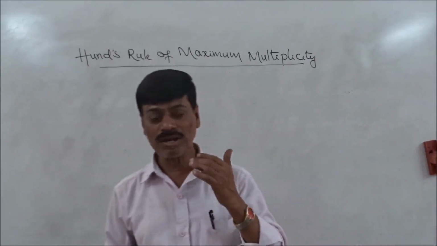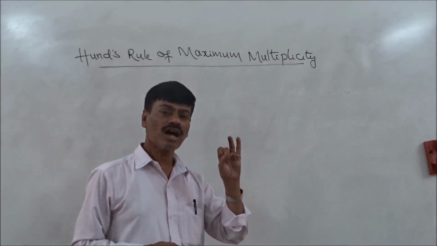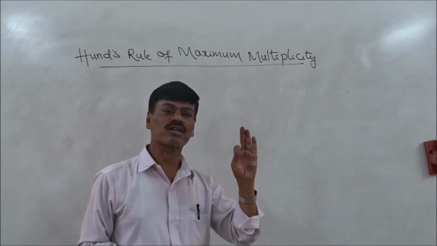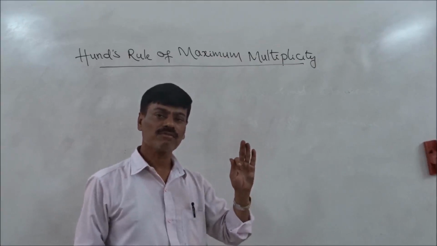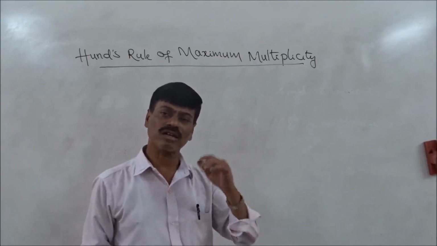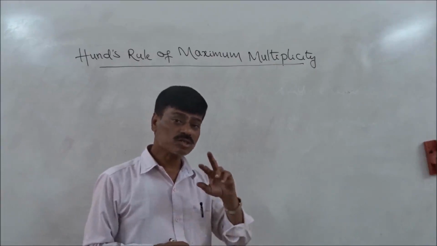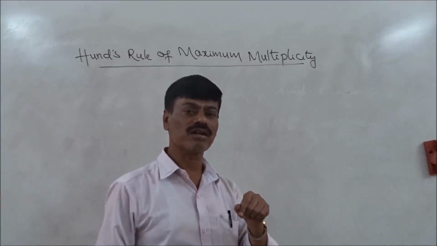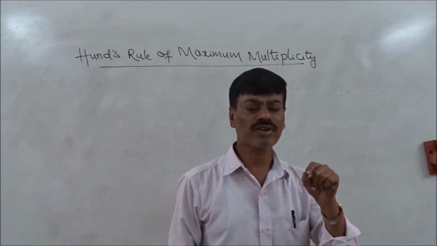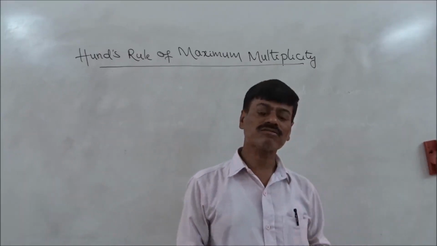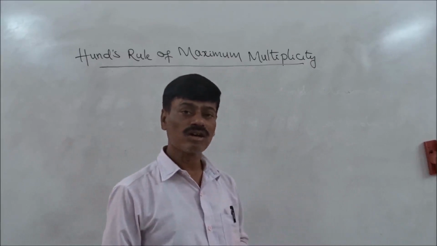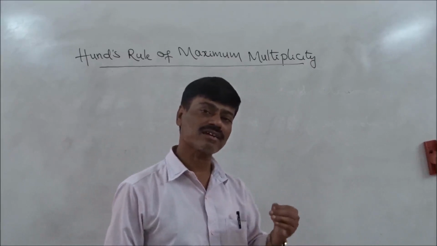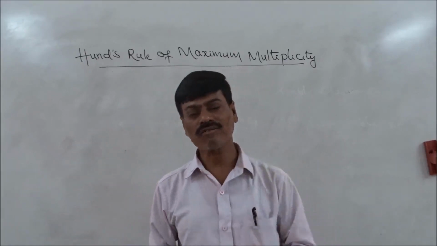First three quantum numbers: principal quantum number, azimuthal quantum number and magnetic quantum number. These three quantum numbers can be the same, but always the fourth quantum number for those two electrons of the same orbital will remain different, because out of those two electrons, one electron can have clockwise spin and the other electron can have anti-clockwise spin.